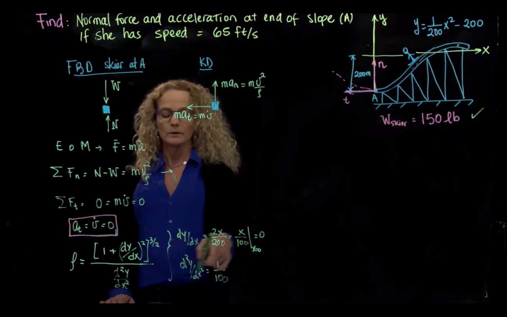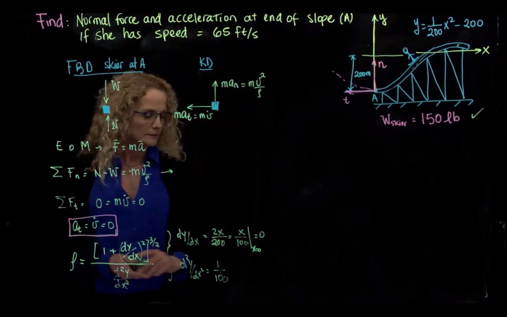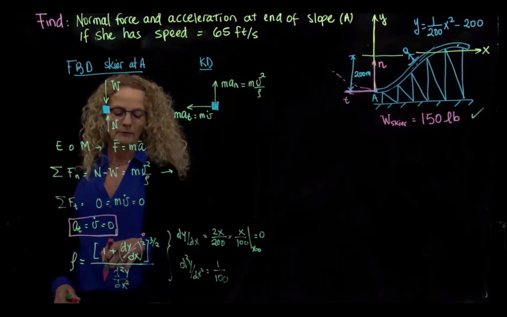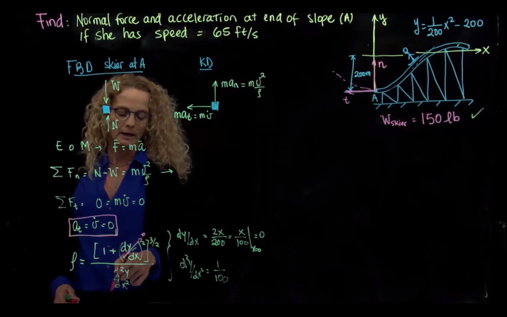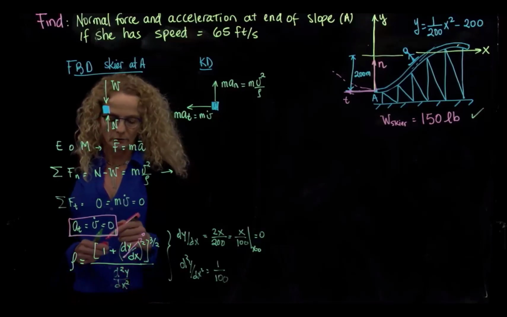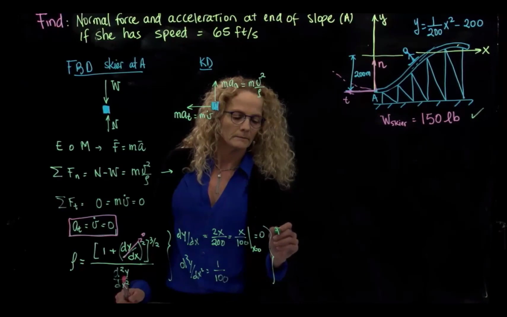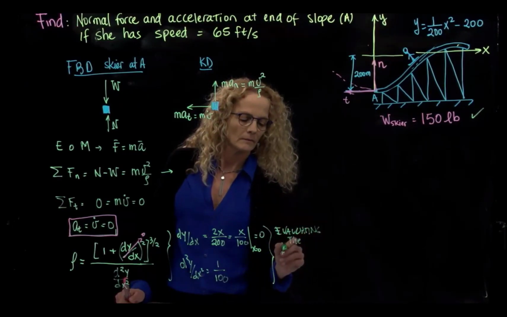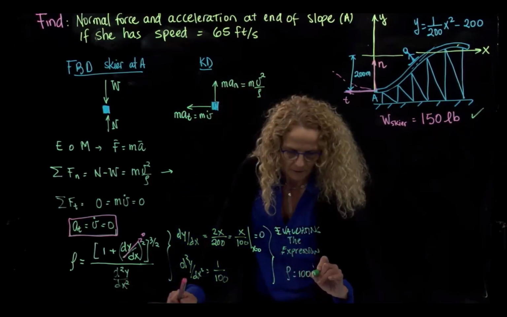Plugging in those numbers, we have 1 plus 0, to the 3 over 2, divided by 1 over 100, so rho is equal to 100.